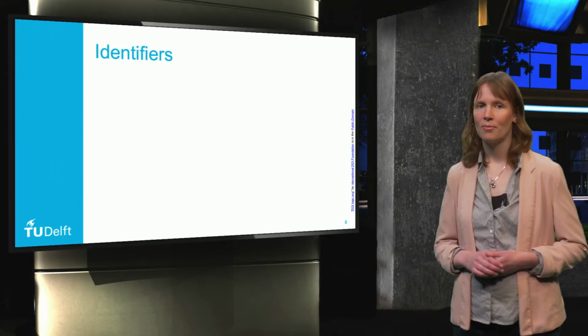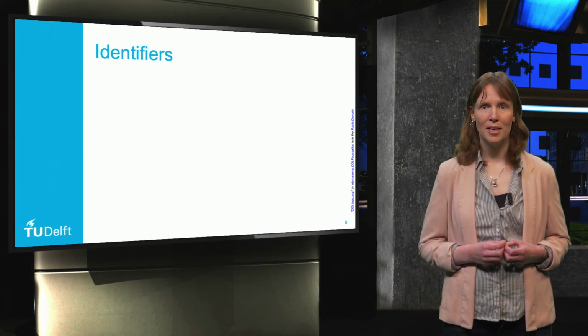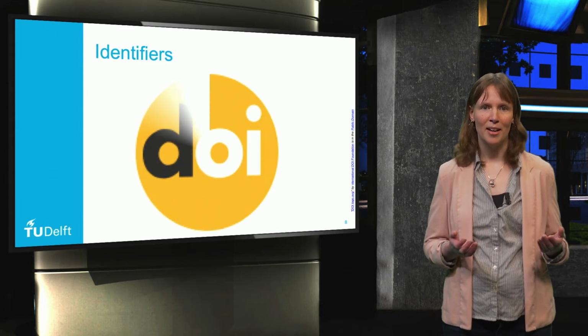Finally, you want your data to be easily shared and found, and you may also want people to refer to your data. One important thing to do then is to provide your data with an identifier. An identifier is a reference number or name for a data object. The emerging identifier standard for publicly available datasets is a Digital Object Identifier, or DOI.